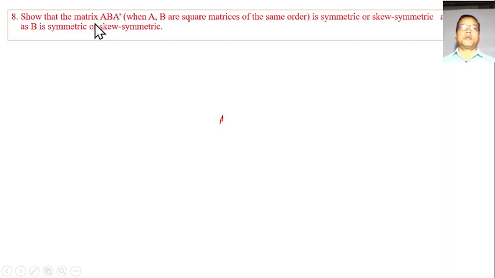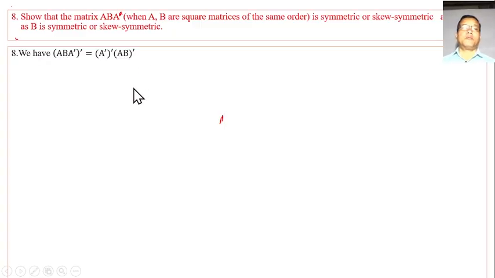Show that the matrix A B A transpose, where A and B are square matrices of the same order, is symmetric or skew symmetric according as B is symmetric or skew symmetric. Let's see: take the transpose of the product A B A transpose, which equals A transpose transpose times B transpose times A transpose, that is A B transpose A transpose.